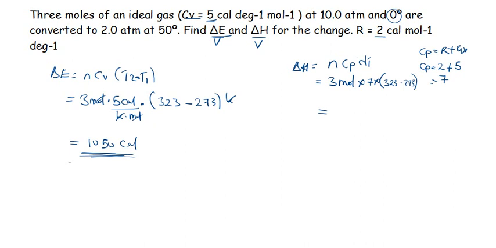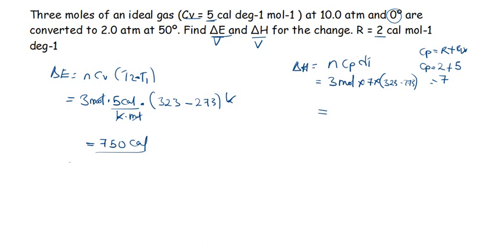Here, when punching on the calculator, I've made a mistake. It will give you something like 5 times that, which will be just 75, then 750 in short calories.